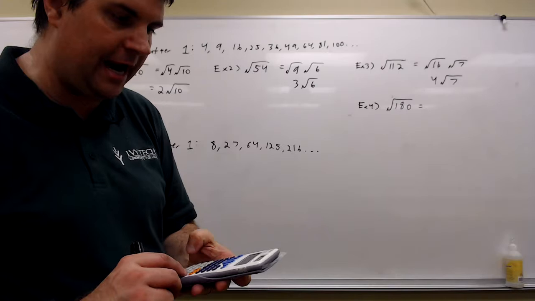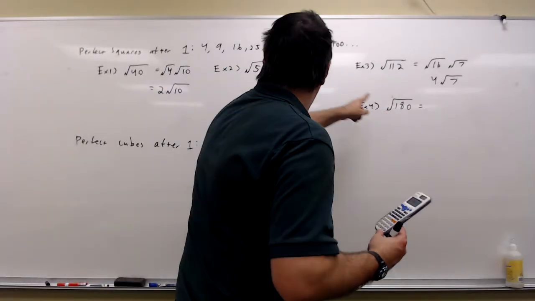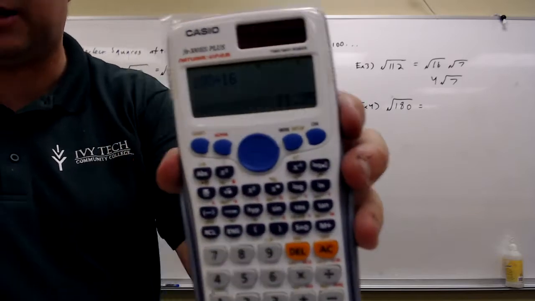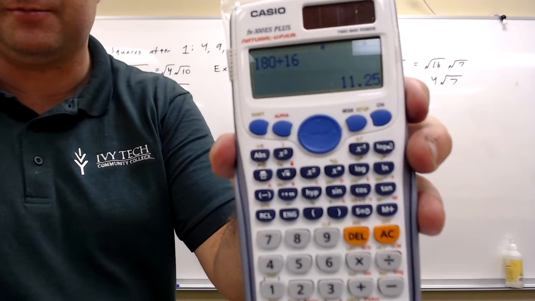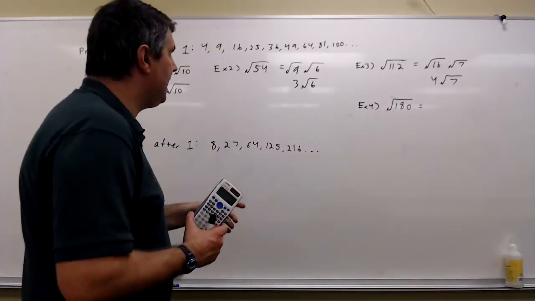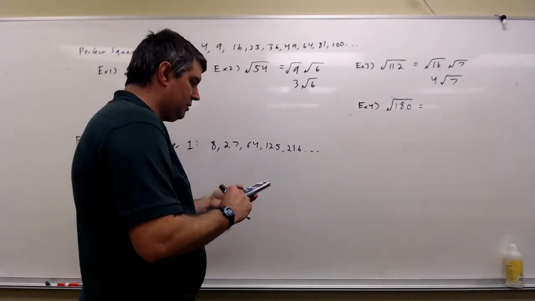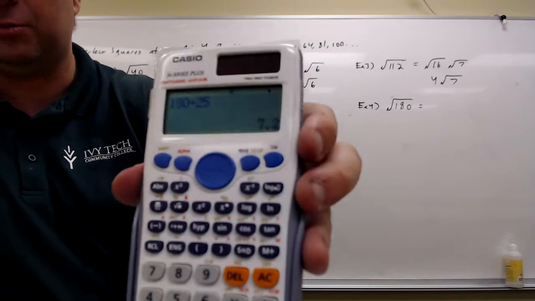Now I'll try 180 divided by 16. Doesn't divide cleanly, 11.25. Next I'll try 25. If you can't already see, it doesn't divide. 7.2, doesn't divide.